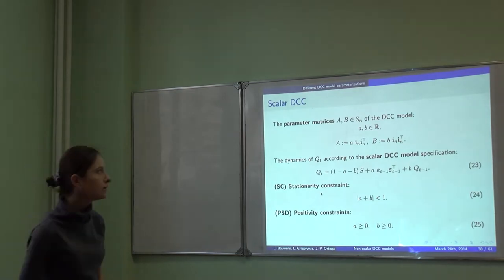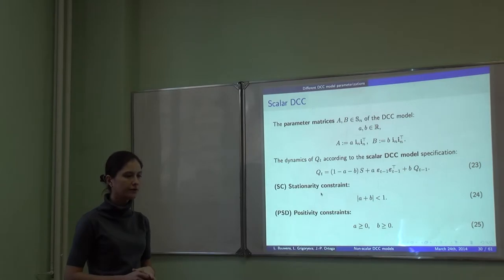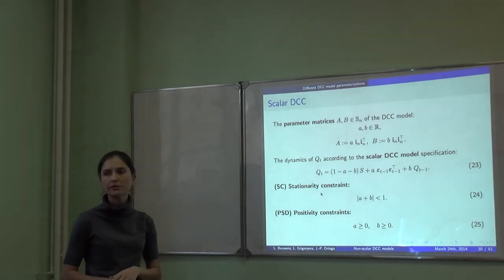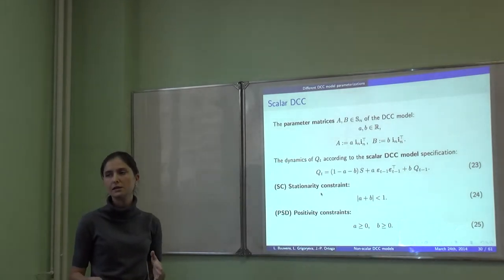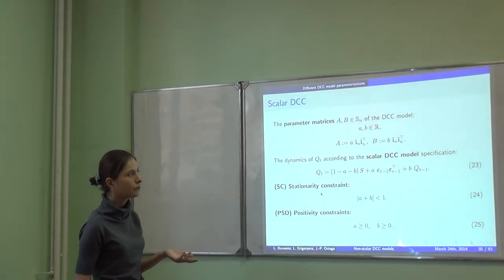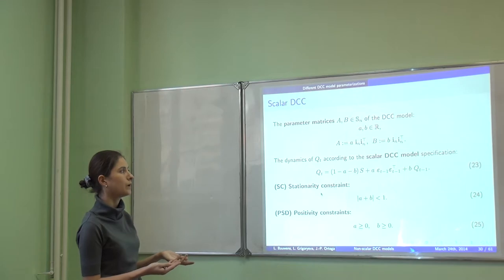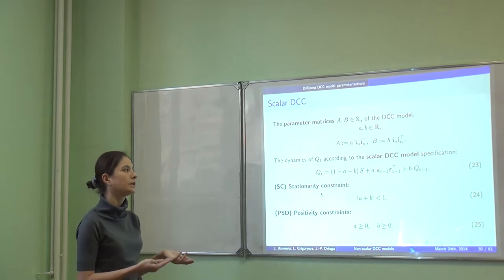So, scalar DCC. Anywhere you would find DCC models in the literature, when people mean a DCC model, it's always scalar DCC. So I'm going to give you the setup, and I would like to explain why we believe this model to be not that good.